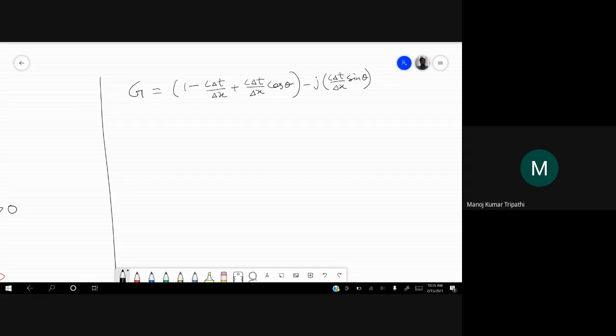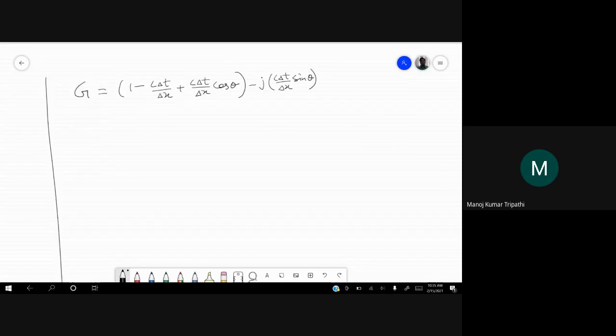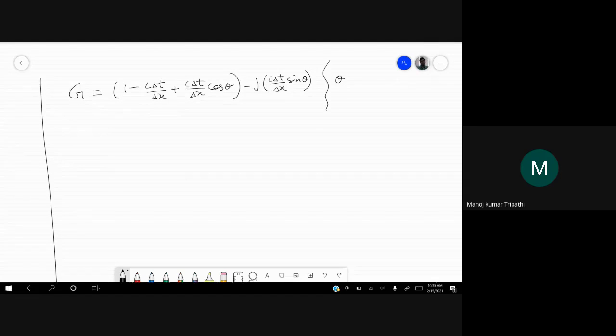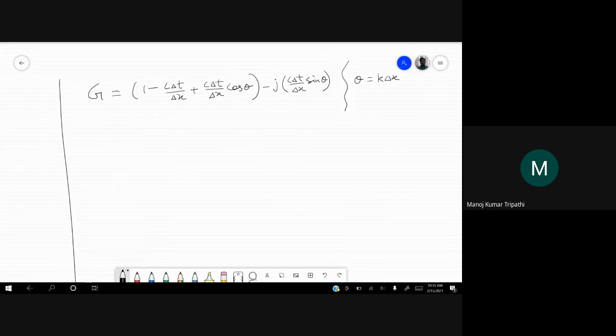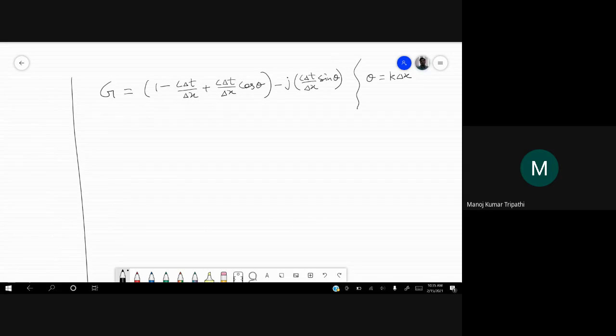Okay, where theta is K delta X. You can write this G as, because this is a complex number, mod G e raised to the power J phi.